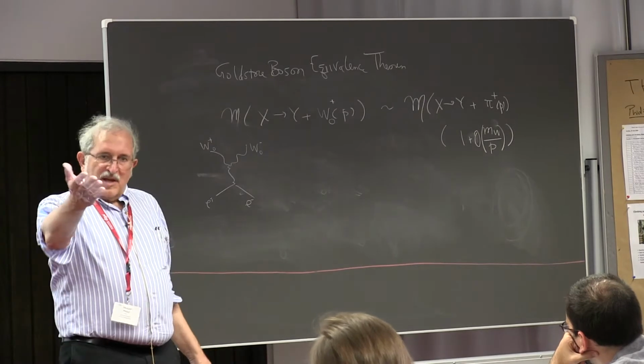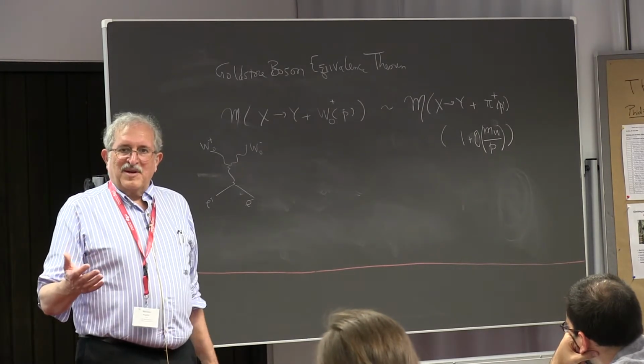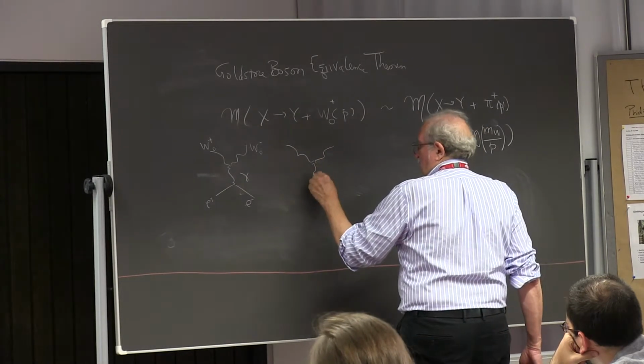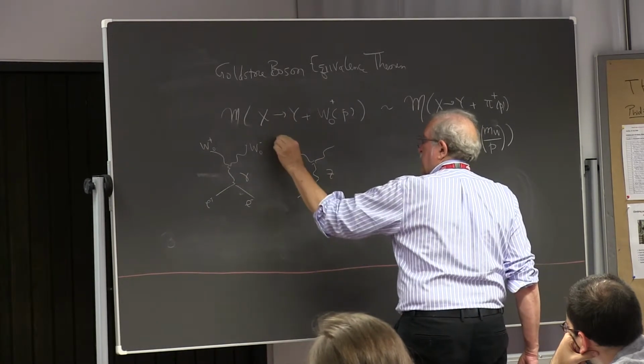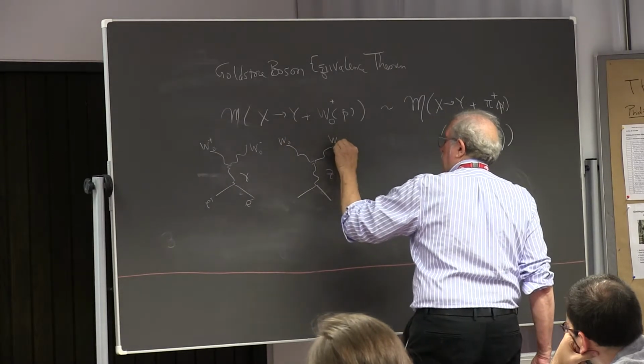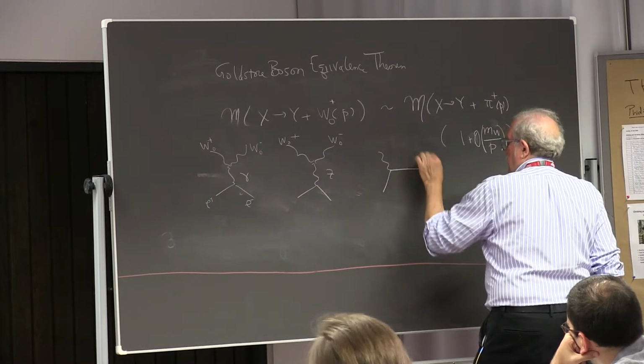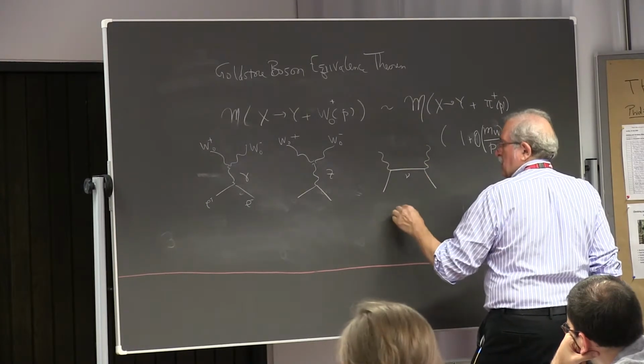Now, as you correctly pointed out, there are two more Feynman diagrams. So first of all, I can exchange gamma and Z. And secondly, there's a diagram with neutrinos in the T channel.